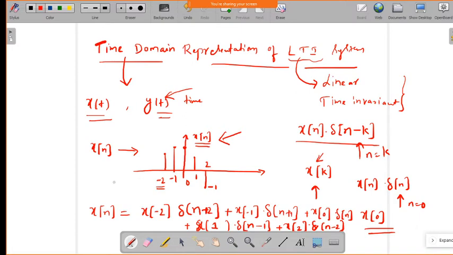If I represent between minus infinity and plus infinity, what can we do? We can take this x of n in terms of a summation. So x of n equals a summation, here taken from minus 2 to plus 2, n equal to minus 2 to plus 2, x of n into del of n minus, say for example, n naught.